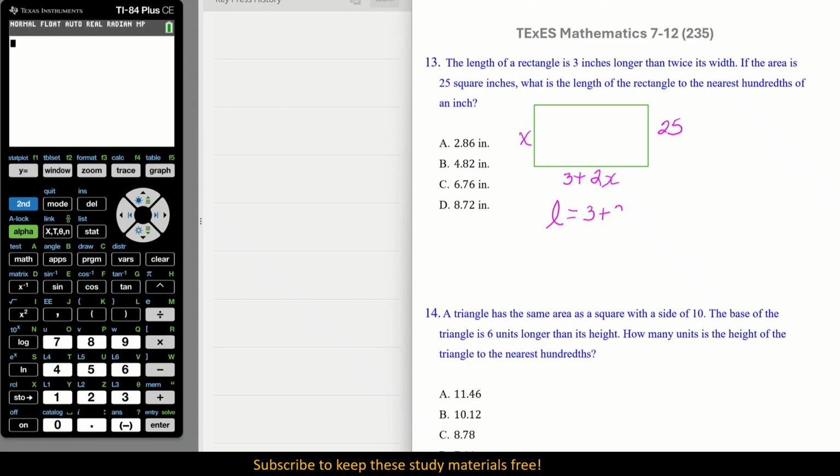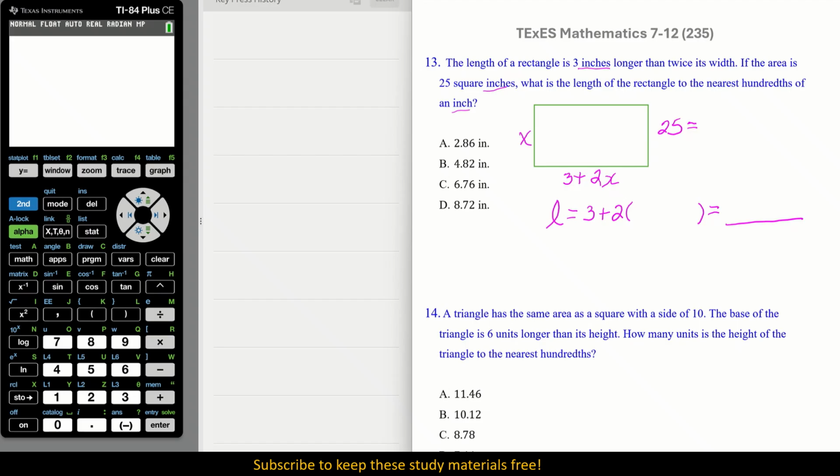Notice I'm setting all this up for us, and that will be our grand answer. The area equals, and notice everything's in inches, and that's something good to check when you're taking the test. Double check. So everything's in the same measurement, so we're good.